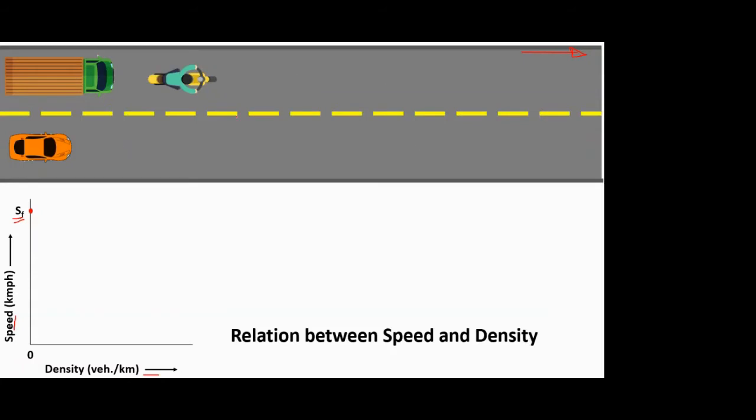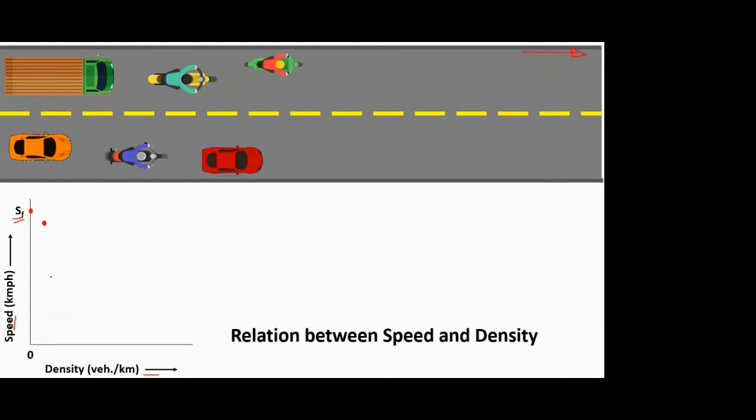Though there is an empty road in front of them, if you consider the speed of the car, the two-wheeler and the truck collectively as a stream, it will obviously be a bit less. And the density will also have some value, as you have 3 vehicles on the road now. So you can see the second point on the graph: the speed is a bit less and you have some value of the density.